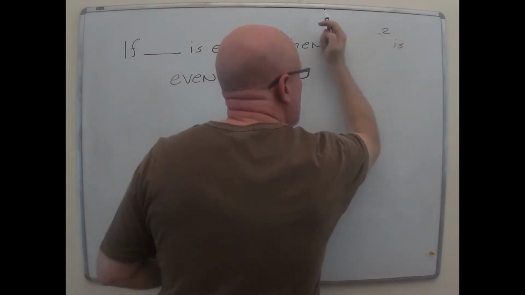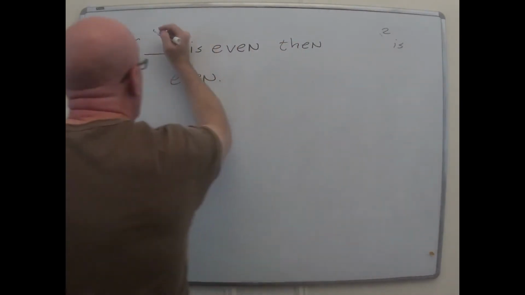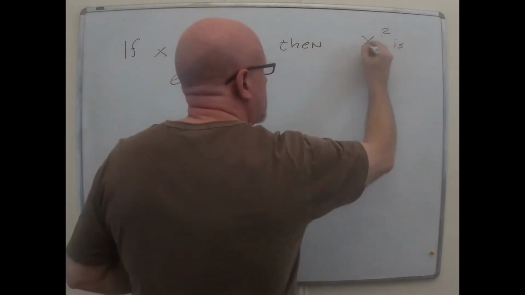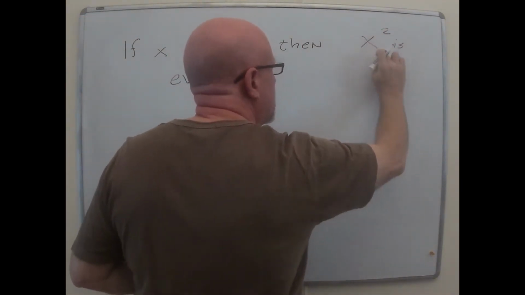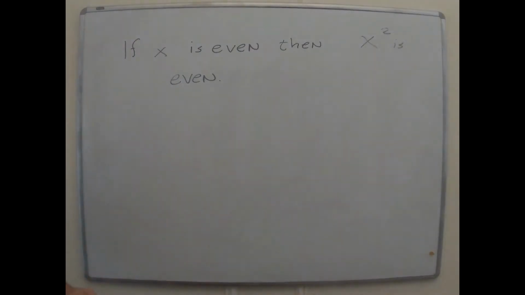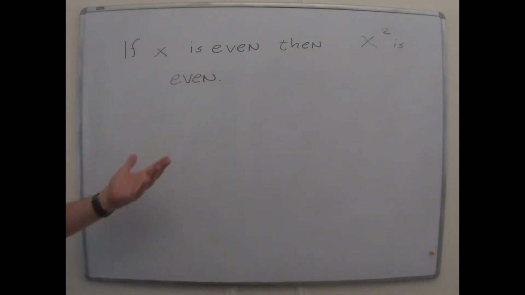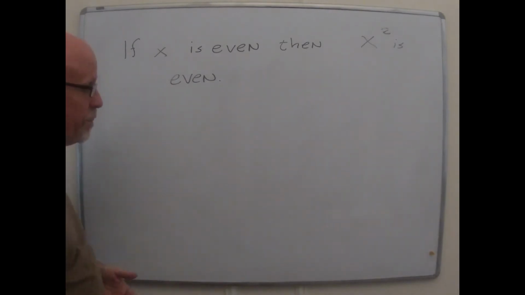Let's change this whole thing so that it says if x is even, then x squared, sorry about the ugliness there, x squared is even. Now I know that blank and this blank, even though x is still just a placeholder, a thing that gives us a position to fill in later, are the same thing in those two spots. X being even implies x squared is even.